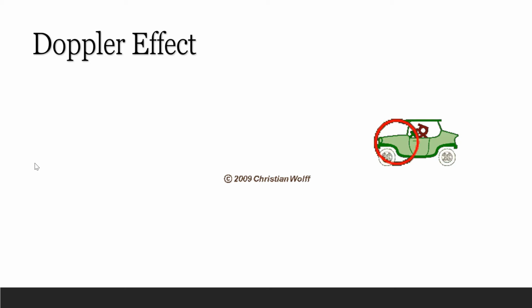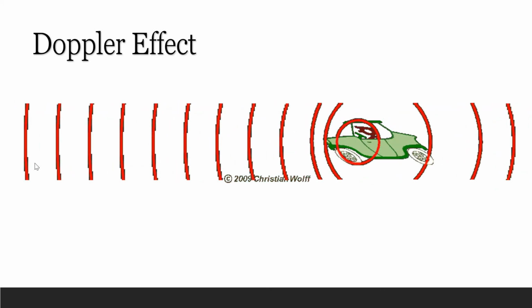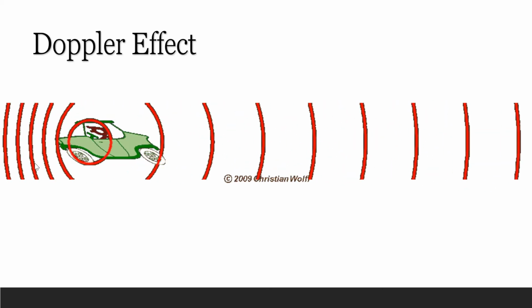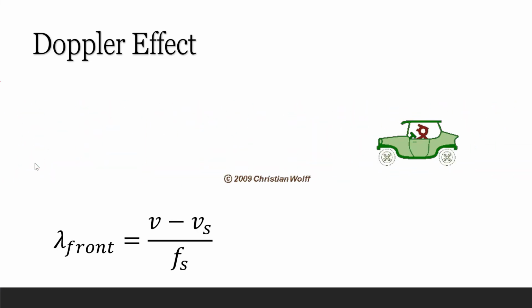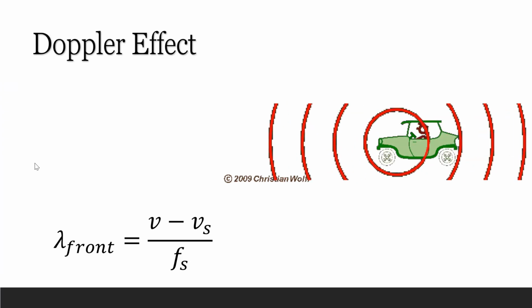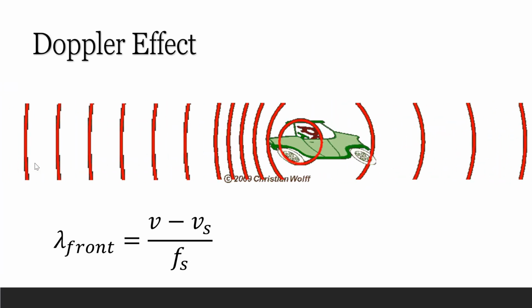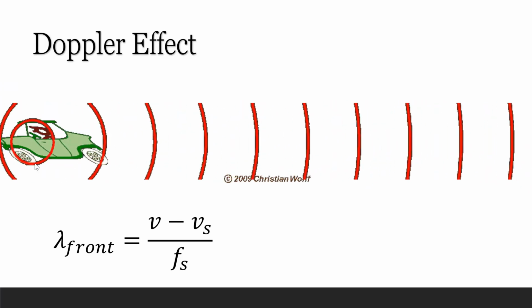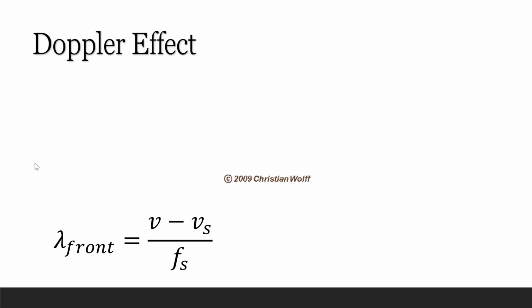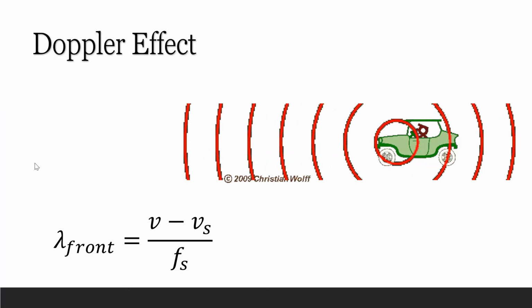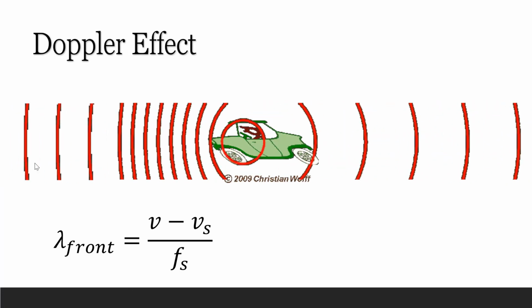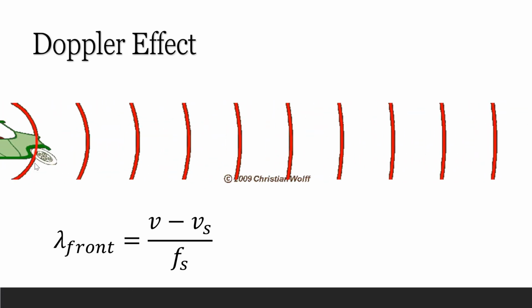What will happen to the wavelengths of the sound waves emitted by the source when the source is moving? The wavelengths are different in front of the source and at the back of the source. In front, it is given by this equation, where V is the speed of sound, VS is the speed of the source, and FS is the frequency emitted by the source.